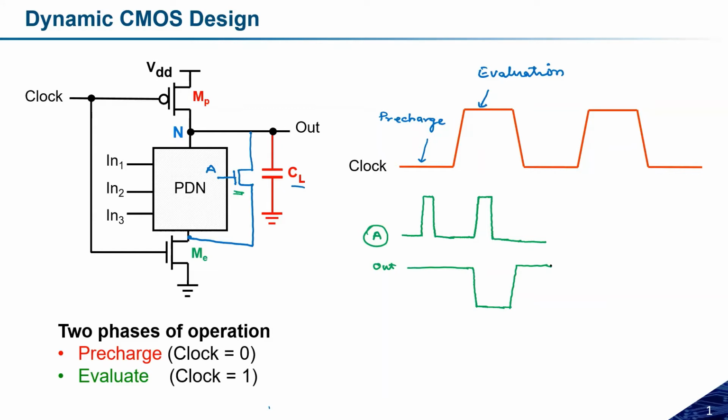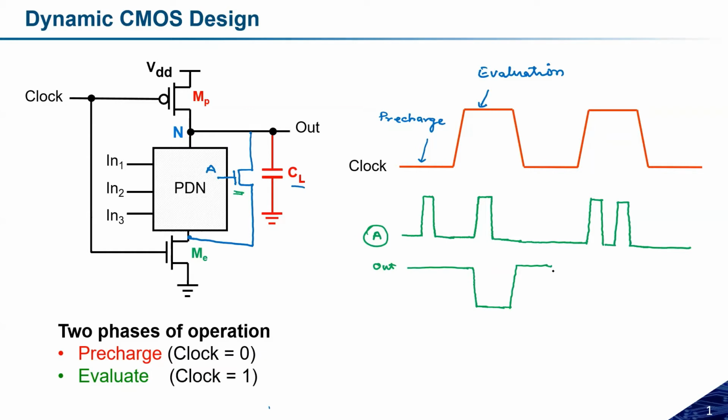So the important point of consideration is, let us assume in the precharge phase it is charged, no problem, changes will not be reflected. But in the evaluation phase, even though there is more than one change, the output will not be changed in that time.